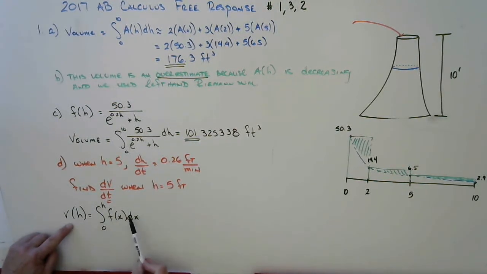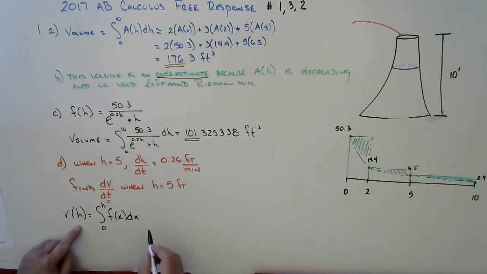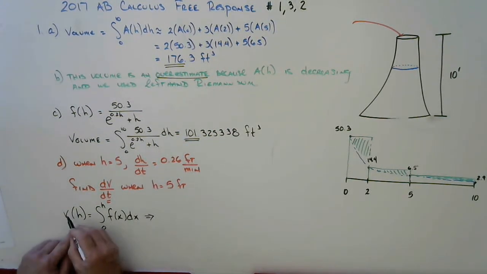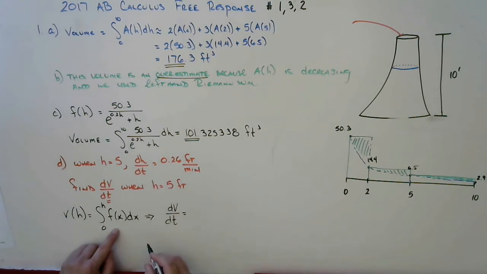So this is my function, but what do they want me to do with that? They want me to take the derivative of that with respect to t. Notice it's a t, not an h. So from here, we take the derivative of this side. That's the fundamental theorem of calculus part 1. When you take the derivative of the integral, they undo each other. So when we take the derivative, we get f.